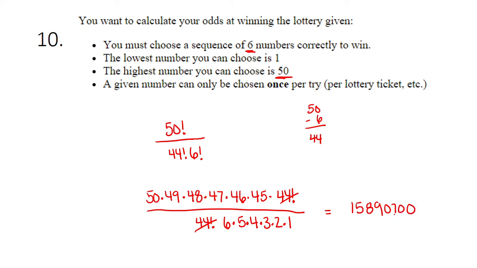Now, with the lottery, they always say your chances are written as a fraction because you can only pick it once out of this number. So this is your chance of winning the lottery for this question.